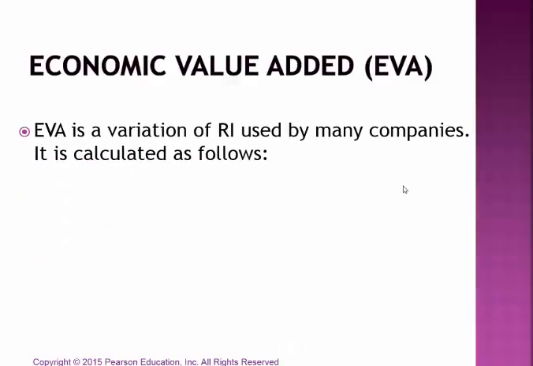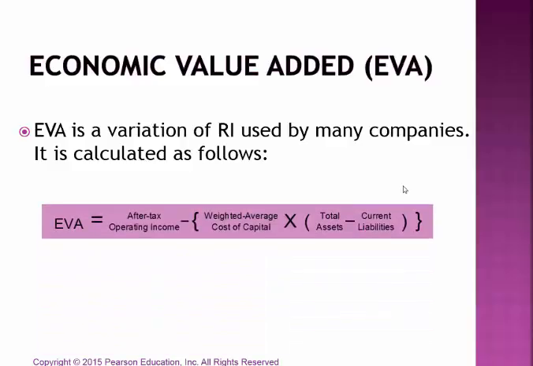The next one is our EVA, or economic value added. It's used by many companies. EVA, the formula is after-tax operating income minus our weighted average cost of capital times the result of total assets minus current liabilities.